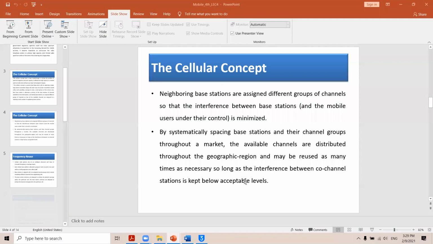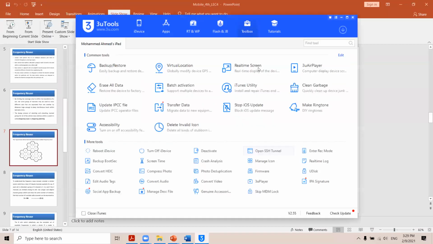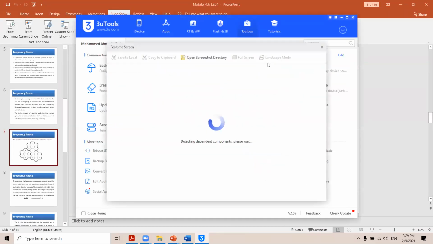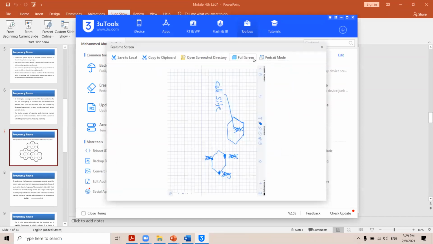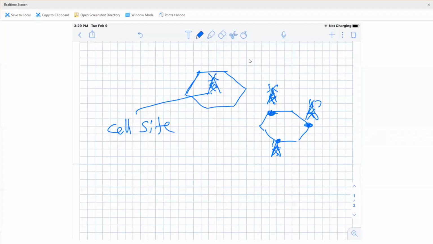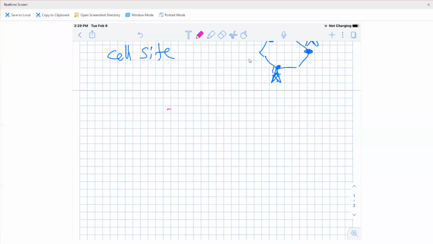Now we can imagine the following. Let's go to the whiteboard, please. Again, this will be the frequency reuse block. The input to the frequency reuse block will be a single bandwidth, 1 bandwidth.